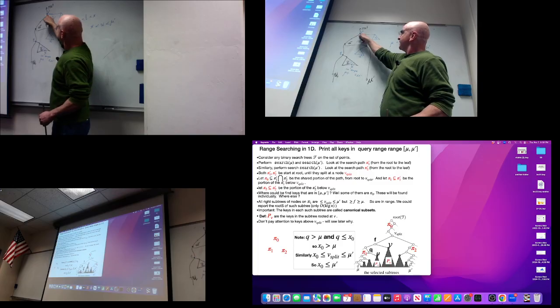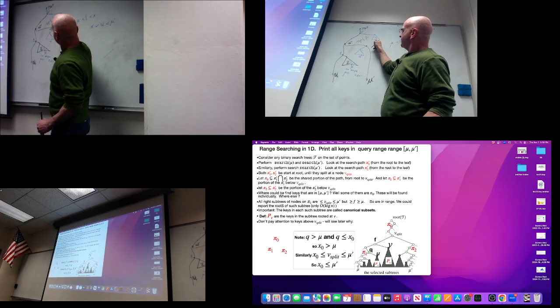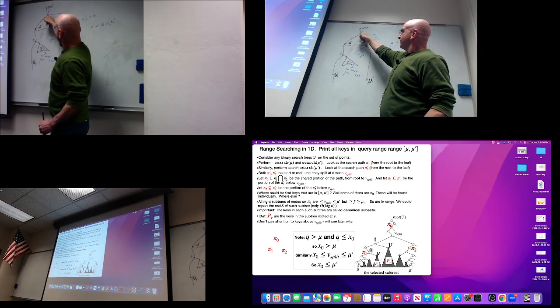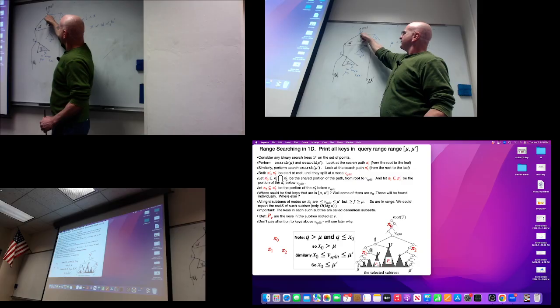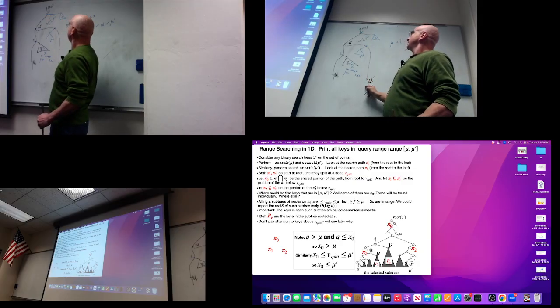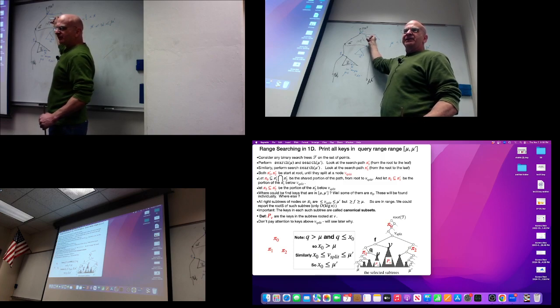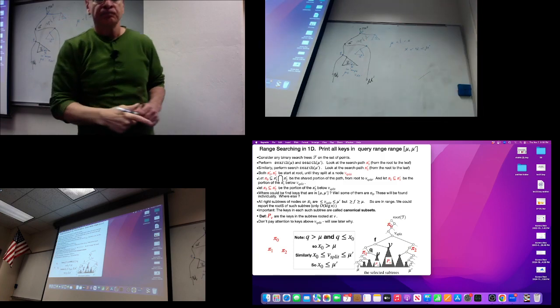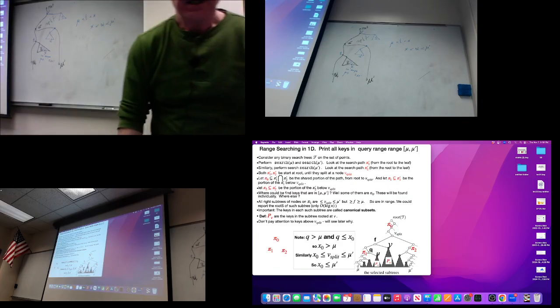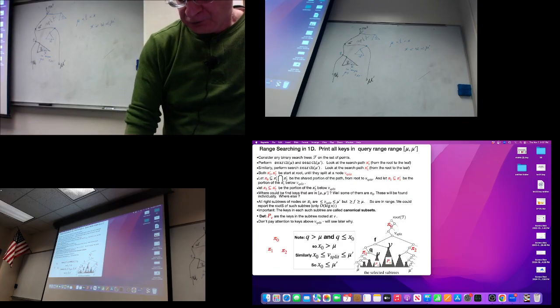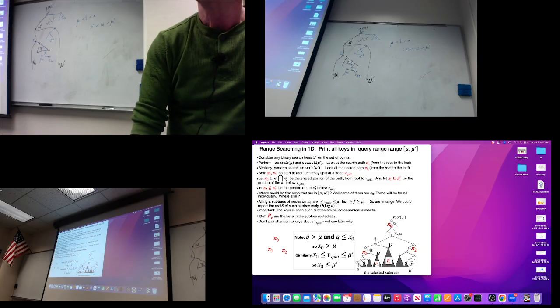All the guys in this subtree are smaller than x double prime, while mu is smaller than x double prime. Guys in this subtree are not relevant for us. And actually, I was lying. Guys on the root itself are not relevant for us either. So take it back. Only below the split points is it in the range.